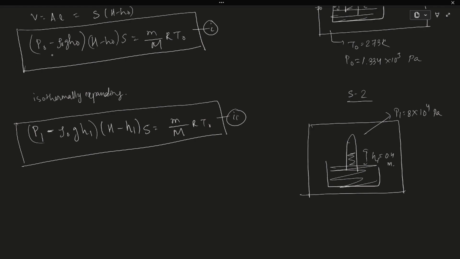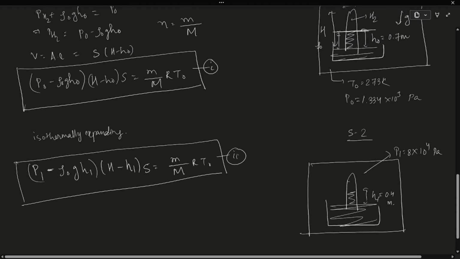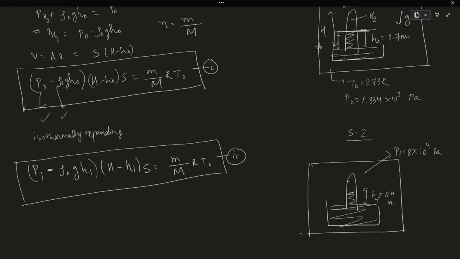So here you can see that we can solve. P naught is given, rho naught is given, g we know, H naught is given, S is given, capital M we know, R is given, T naught is given.